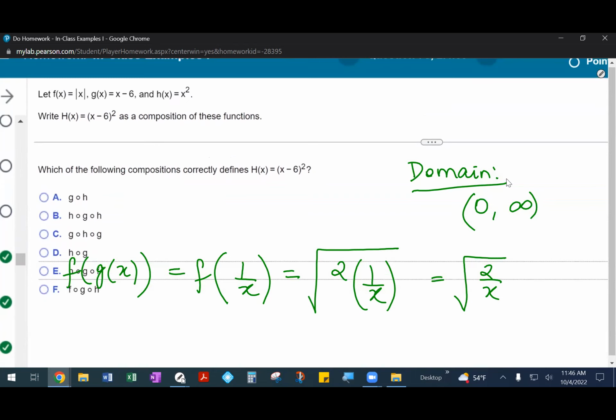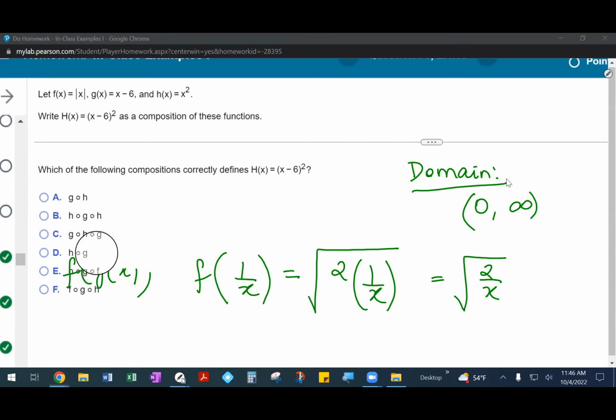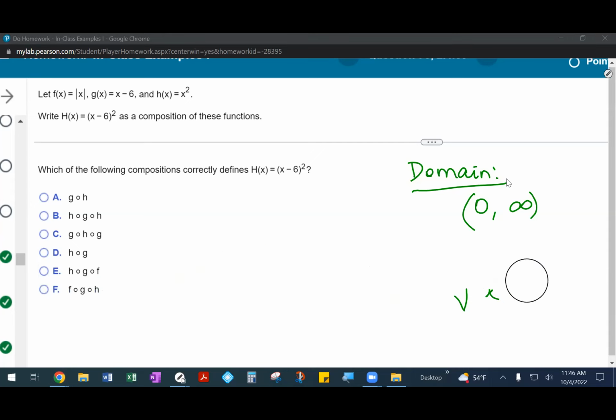They're giving you a capital H function and asking you, out of the 3 given, which ones would compose together to form the capital H function? Do we need all 3 of them? Do we just need 2 of them, 1 of them? What would it look like? Which 2 functions, 3 functions, 1 function would give you the capital H of x?